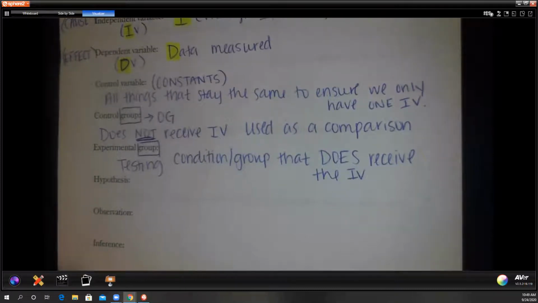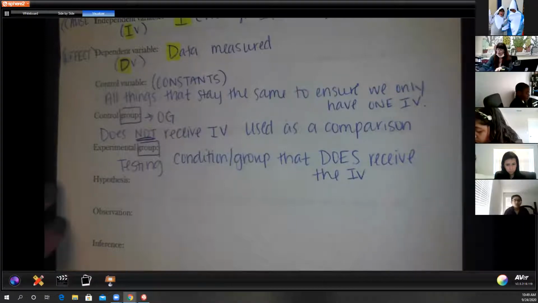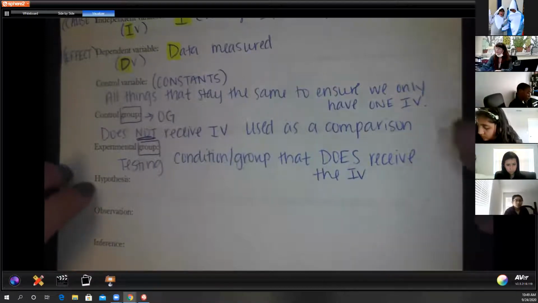What about our hypothesis? Somebody from home help me with this one. What did you write as the definition for hypothesis? I wrote an educated guess based on observations and inferences. Perfect. The hypothesis is like the inference.